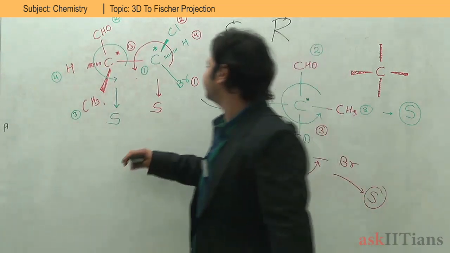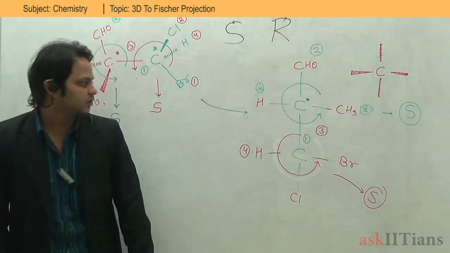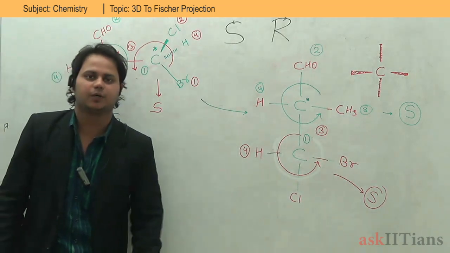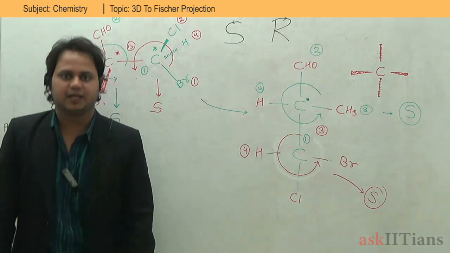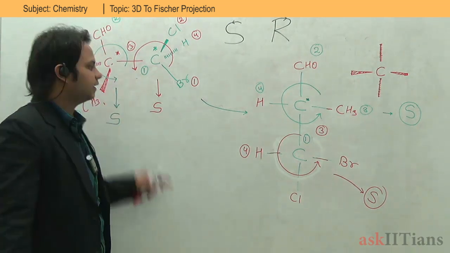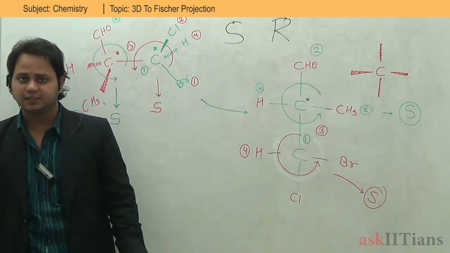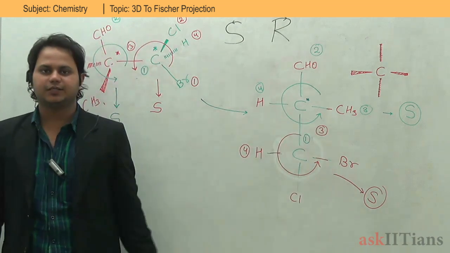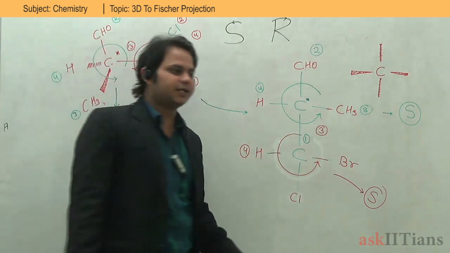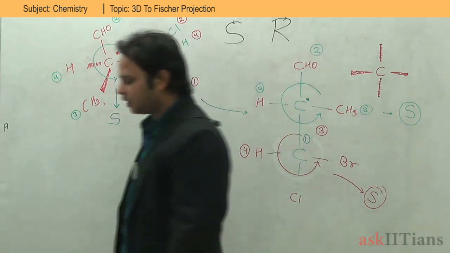I think that is the simplest thing you can do for changing the 3D into a Fischer projection. You need not worry about what the rule is for that. You just first define the configuration, whether it is R or S. Then you draw the vertical and horizontal lines. After that you just put the substituents arbitrarily.